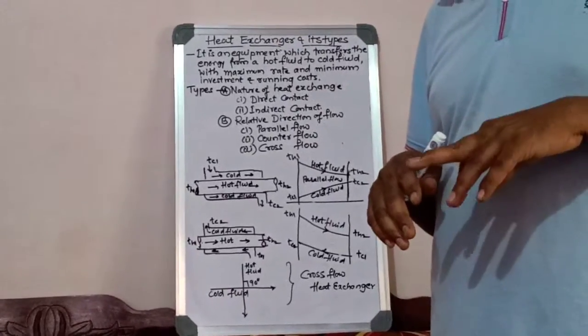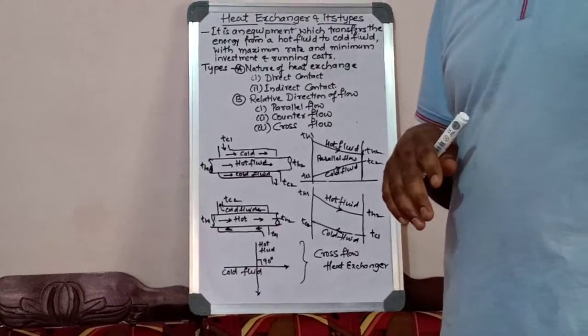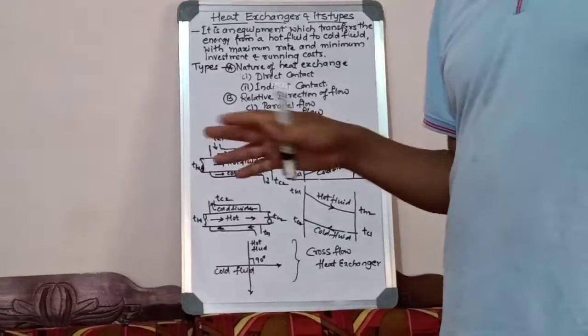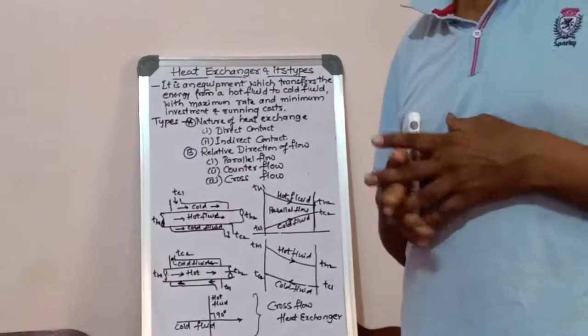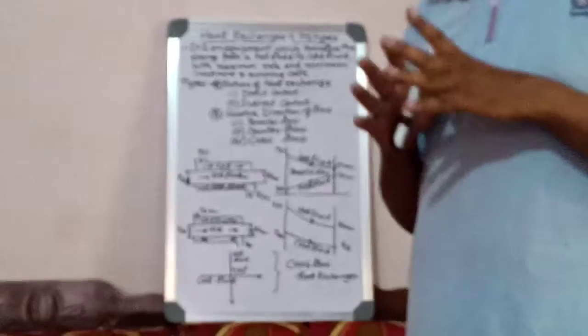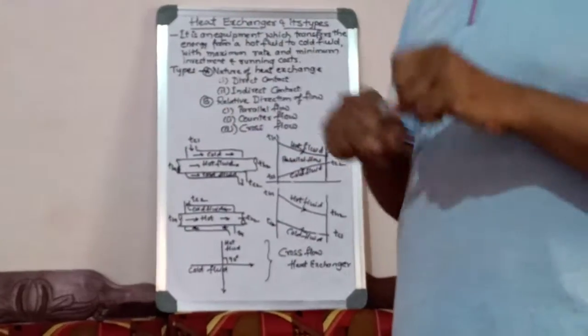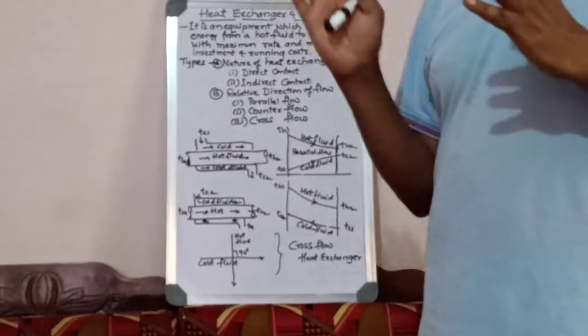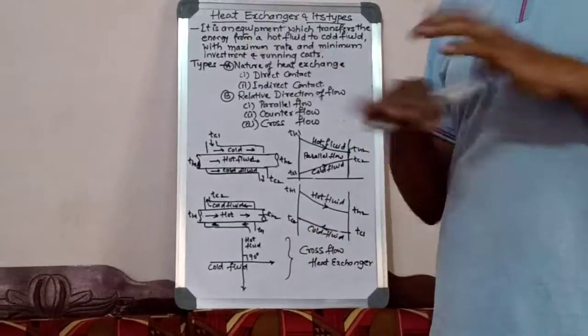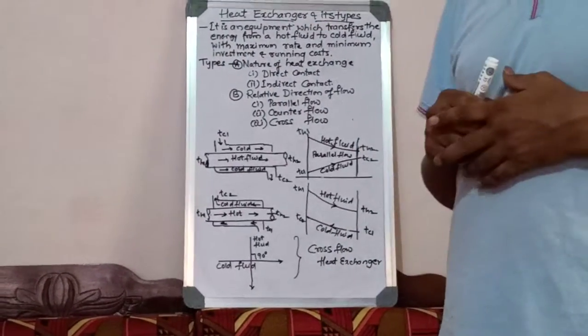Water is H2O, hot water is H2O, and cold water is H2O. Because of that, there is no problem. Mixing should not become a problem. There should not be any chemical reaction. Directly we can bring the hot water into contact with cold water. That is called a direct contact heat exchanger.